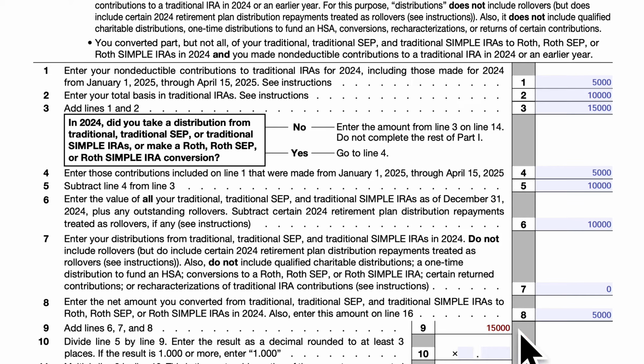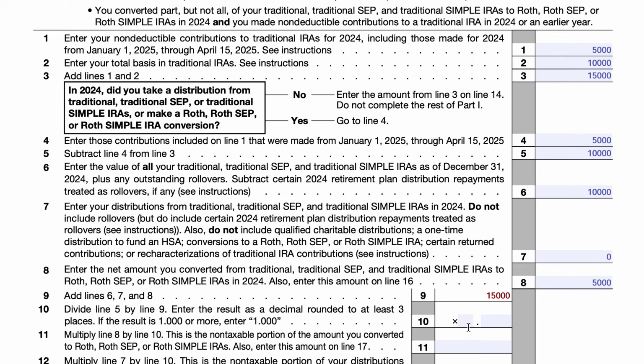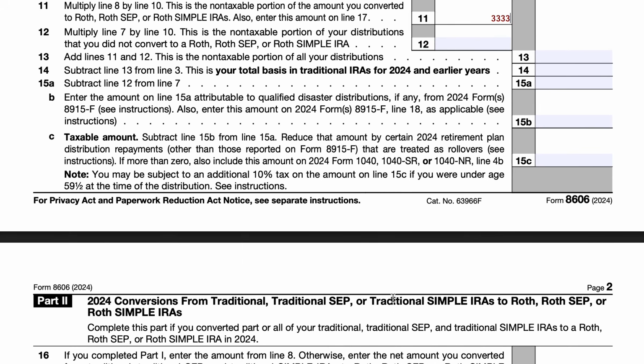We're now going to take this line 9 amount and divide line 5 by line 9, and we get 0.667. Now that's the prorated amount. What we're going to do is multiply line 8 by this amount, and we get something like 3333. This is going to be the amount that we put on line 17.